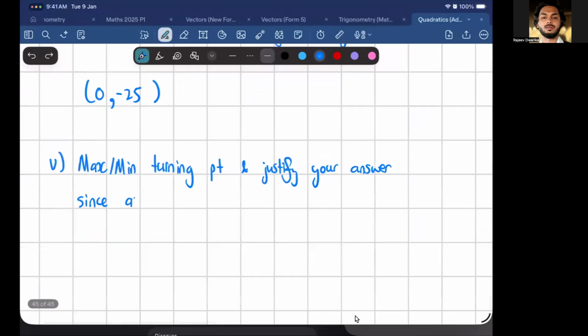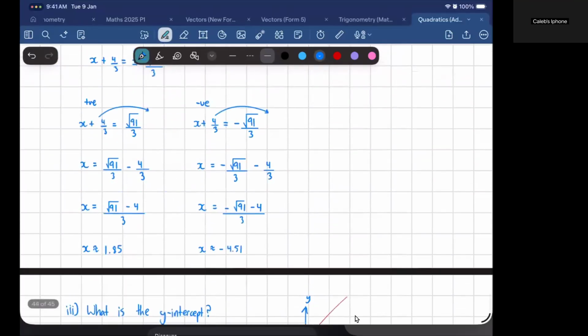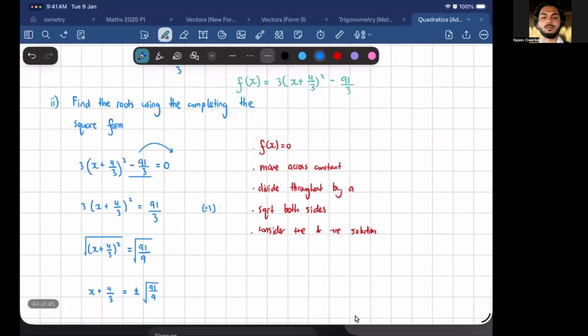So since a is more than 0, Caleb, this is the part where you would put the point. What would the point be? Minus h comma k. Yes. So what did we find h to be?